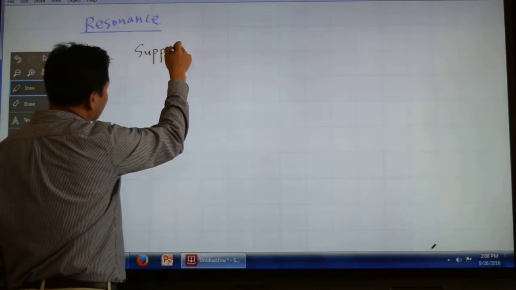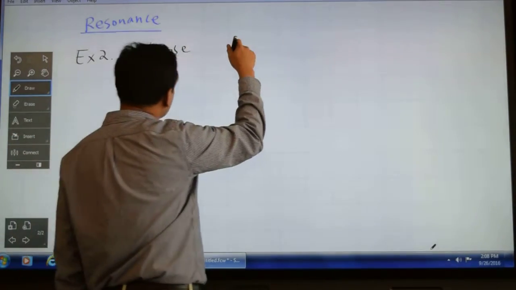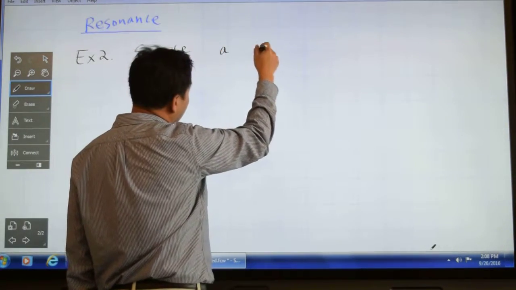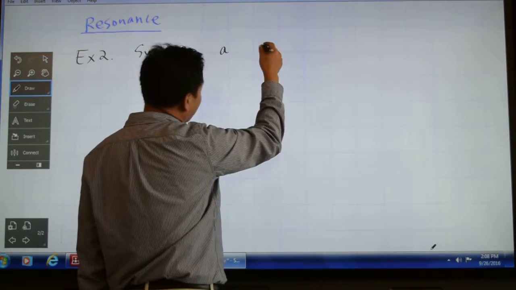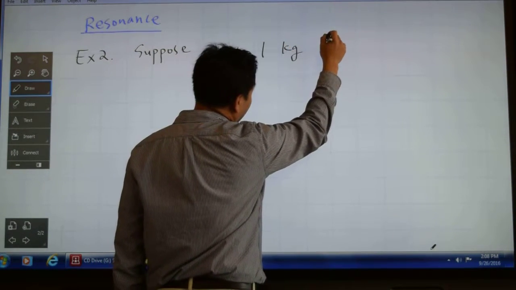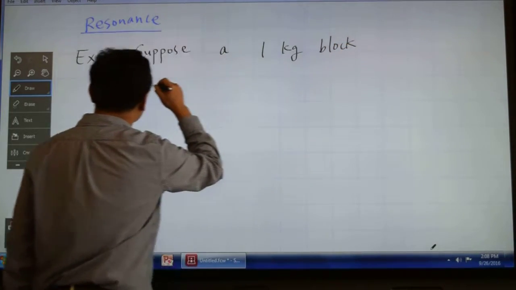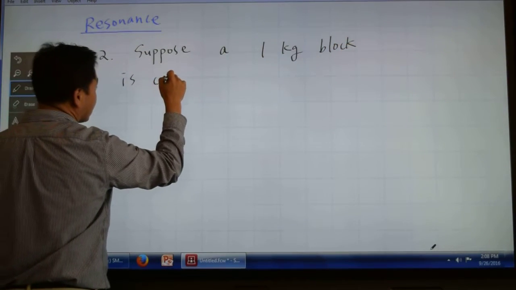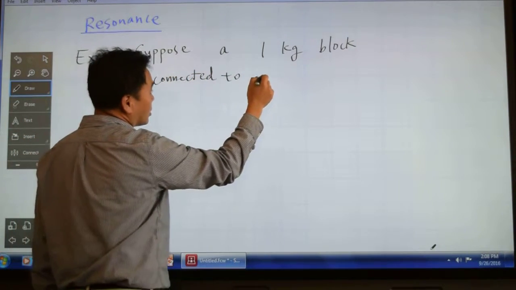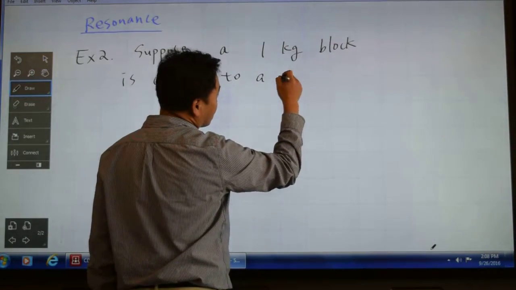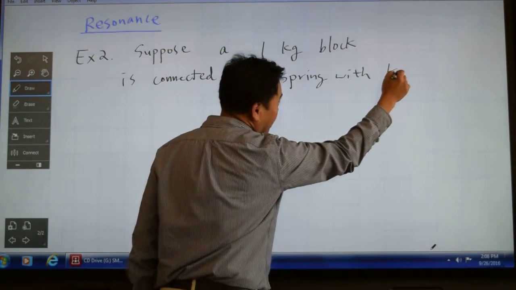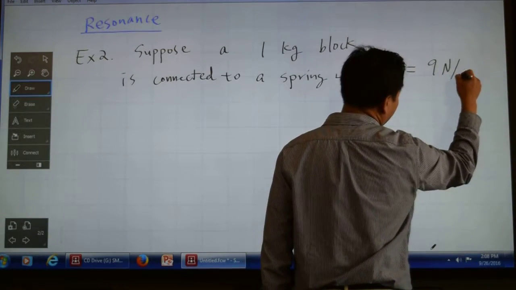Suppose, let's say this time, a 1 kilogram block is connected to a spring with k equals 9 newtons per meter.